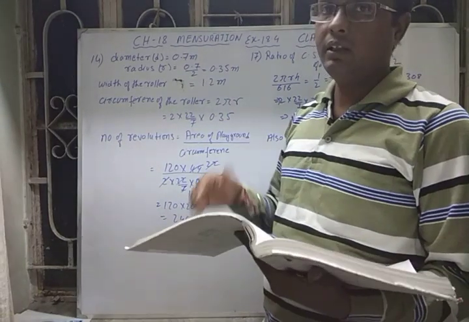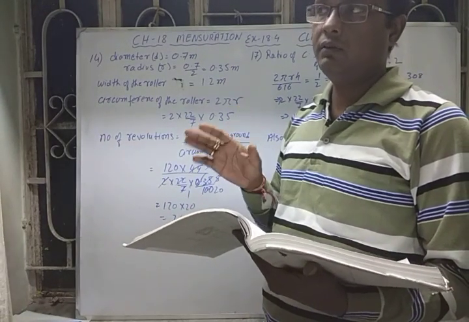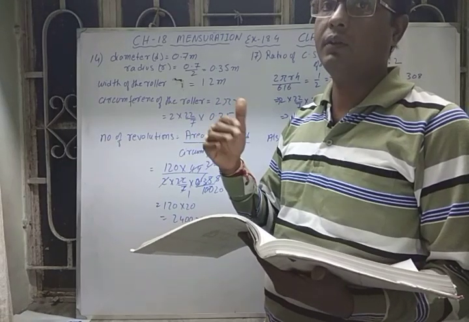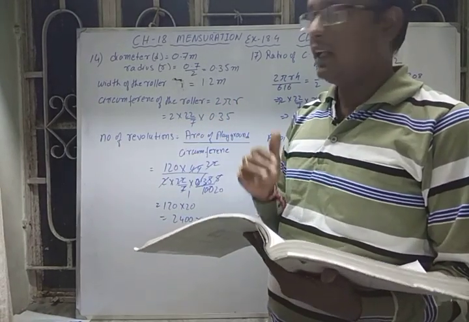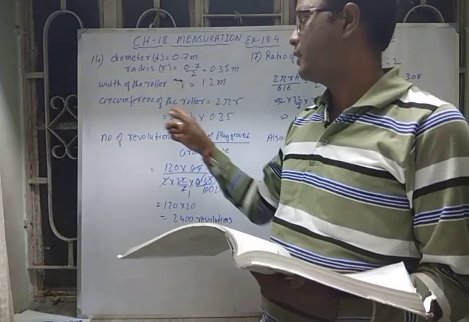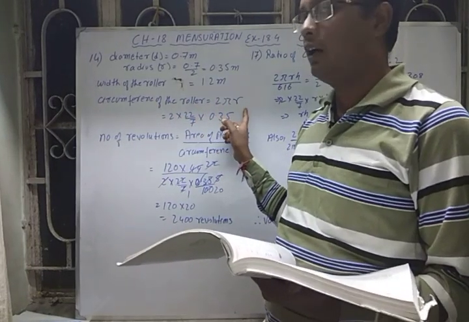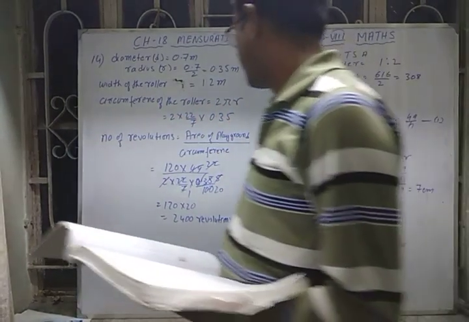You know the road roller's circumference is rolling over the road or the ground. That means we first have to find the circumference of the roller, that is 2 pi r h. I have not written h here, sorry.